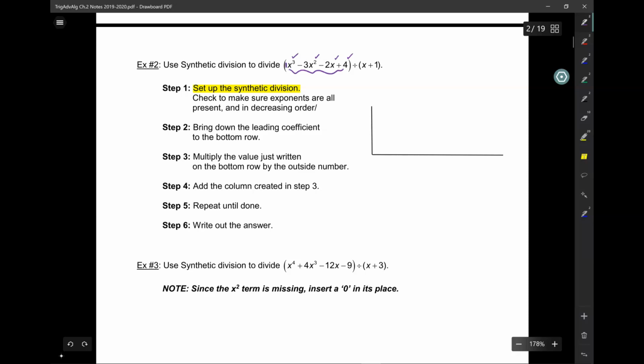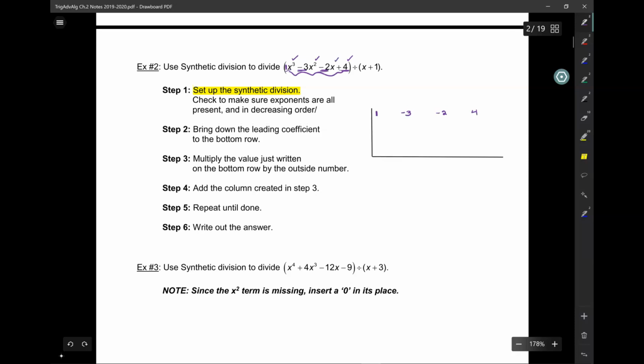There is a coefficient of 1, so I put a 1 here. Next, I have a coefficient of -3, so I put a -3 here. Next, I have a coefficient of -2, that goes here. Coefficient of 4, that goes there. All right, so again, 1, -3, -2, 4.